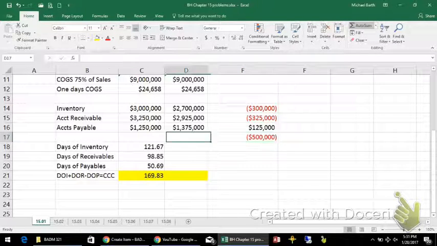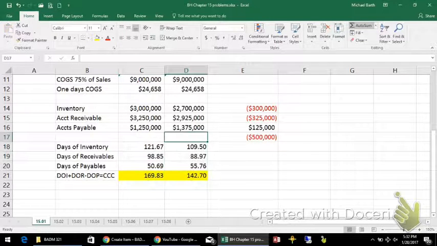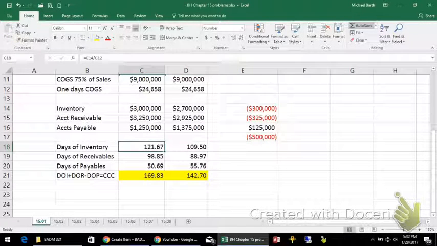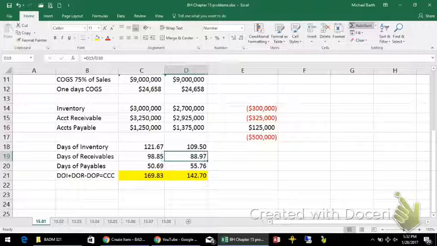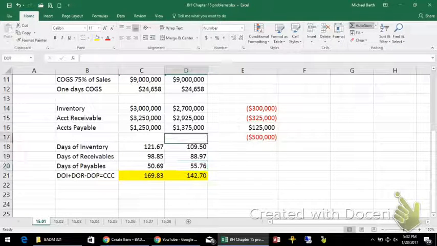All right. So if I do my calculations, you go from 122 days to 110 days of inventory, about 99 days of receivables to 90 days, and payables increases from 50.5 days to 55.5 days.